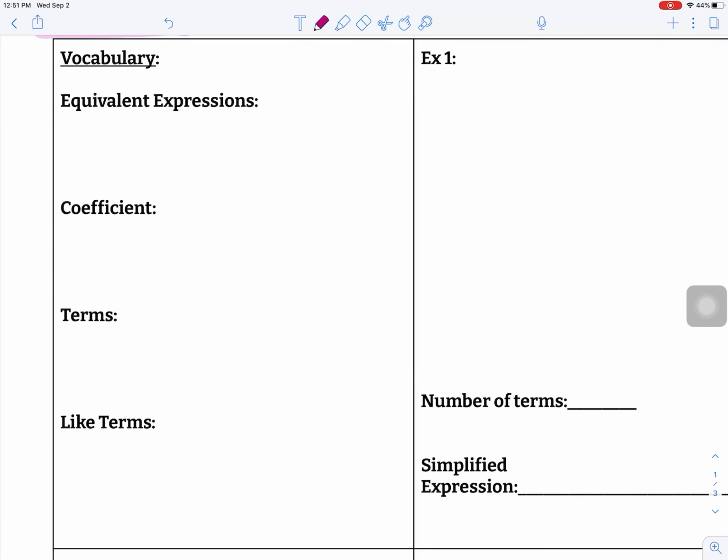An equivalent expression is really just math statements that say the same thing, or I would define it as math statements that are "equal."